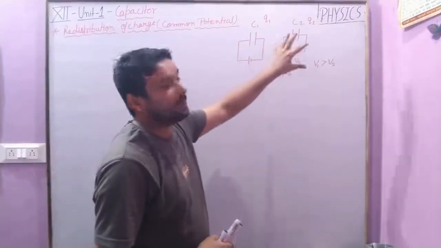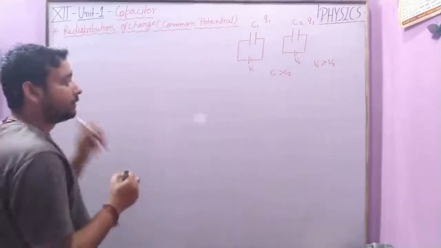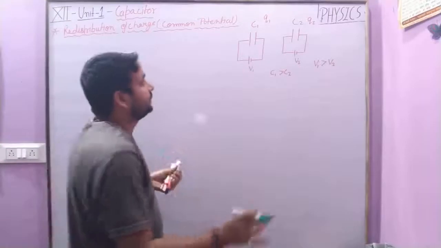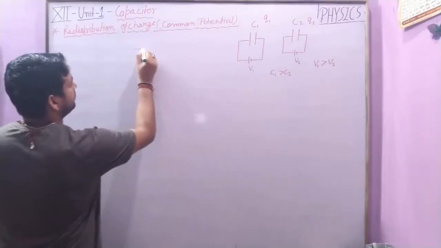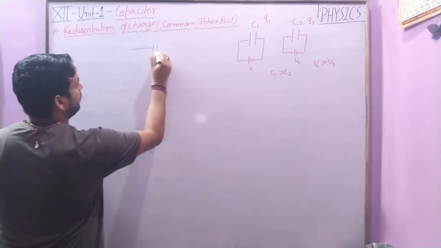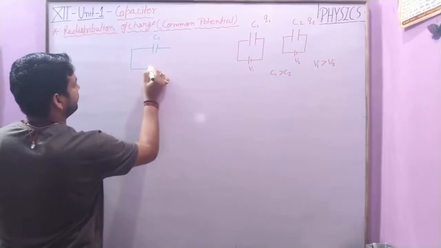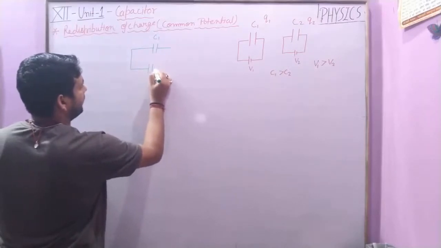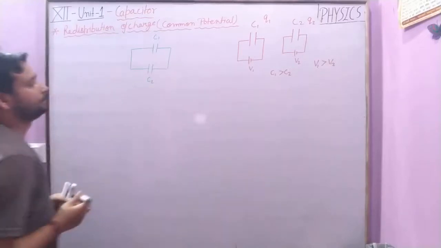Now if the two capacitors are connected to each other when they have different capacitances like that, C1 and capacitor C2.